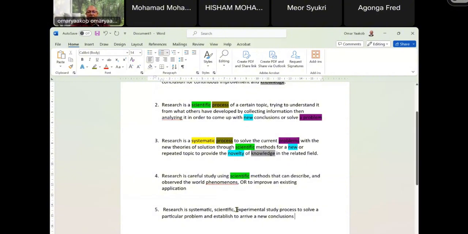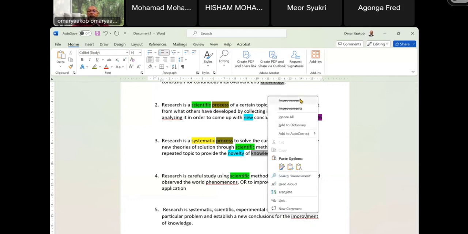Research is a systematic, scientific, experimental study process to solve a particular problem and establish a new conclusion, and arrive at a new conclusion for further improvement and knowledge. I think that one contains all the keywords you've highlighted.